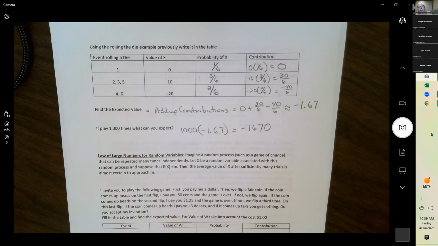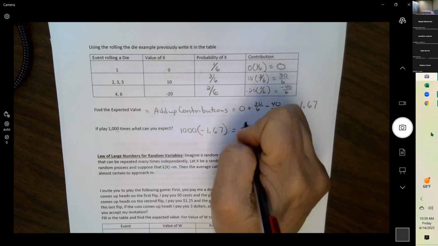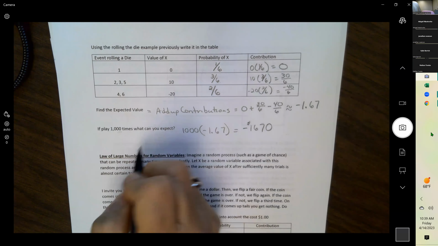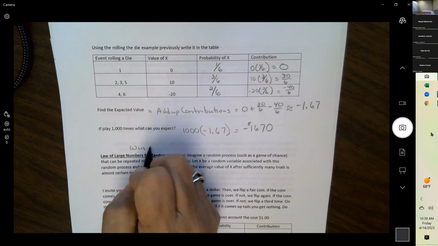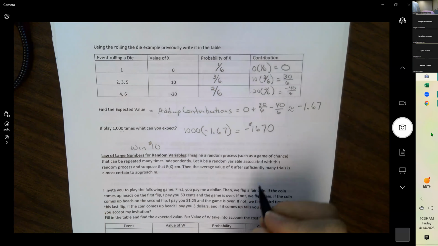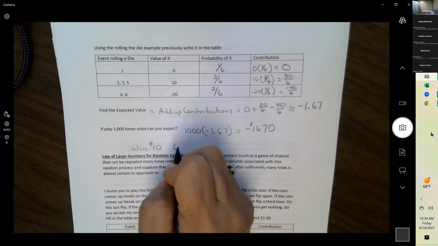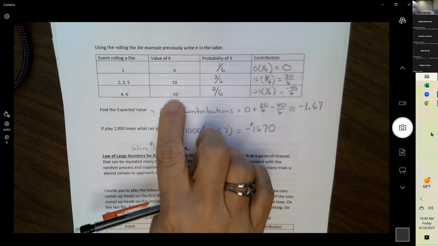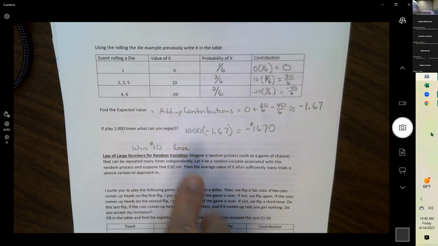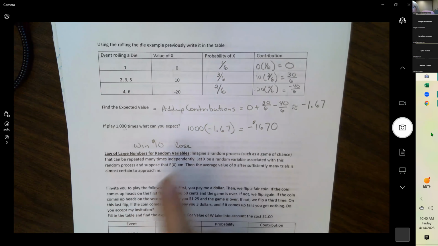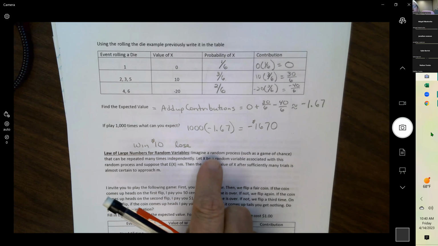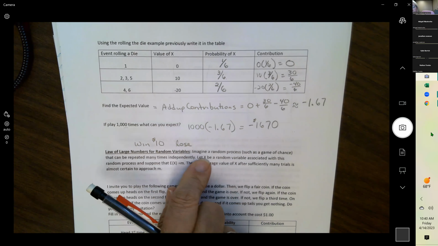Now, if you just play it once and you lose, you need to quit. If you play it once and win, then you feel lucky. Maybe you want to play it again. So if you played it once and win, you get $10. If you play it again and you lose, you owe 20. So you have the 10 that you won, but then you lose 20, so you're technically only losing 10 if you won the first one and lose the second one.